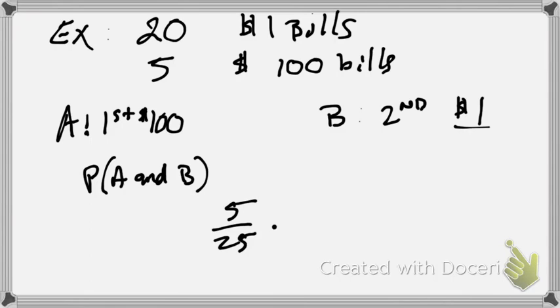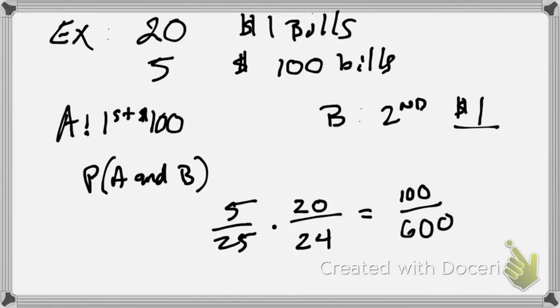So there are still going to be 20 $1 bills in there, but there aren't going to be 25 bills in there anymore. There's going to be 24 bills. So now it's going to be 5 times 20, which is 100, over 25 times 24, which is 600. So it's going to be 1 over 6, and 1 over 6 is roughly 17%. So you have a 17% chance of this thing happening.